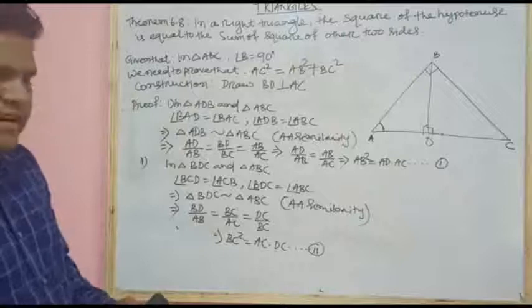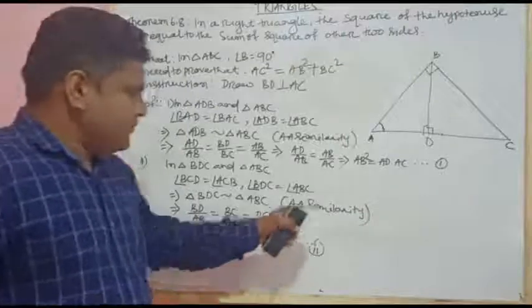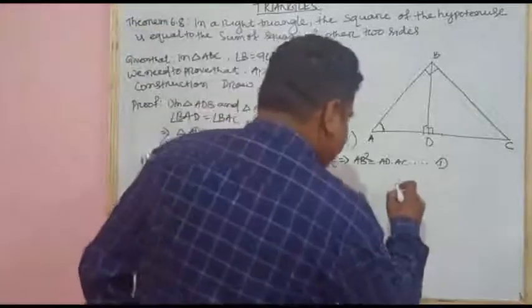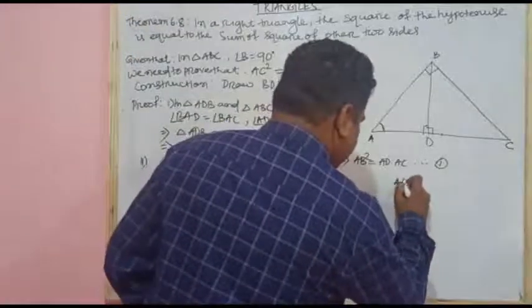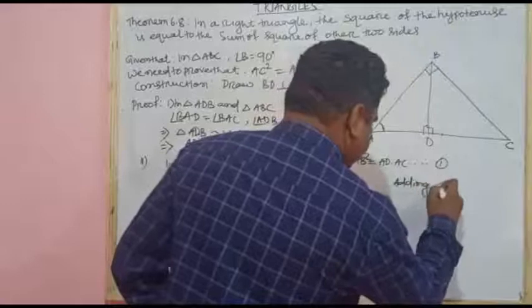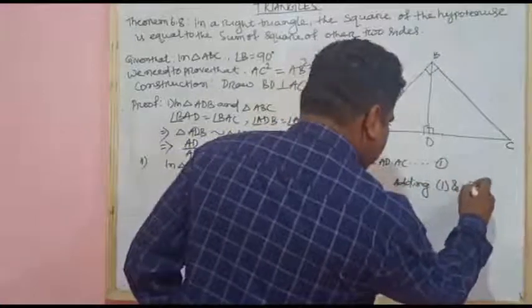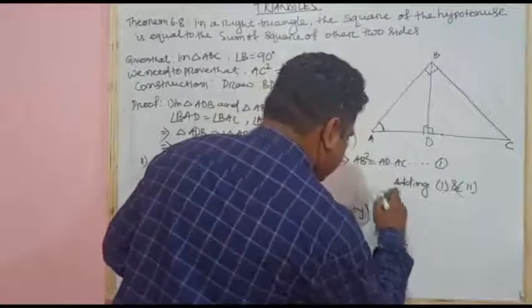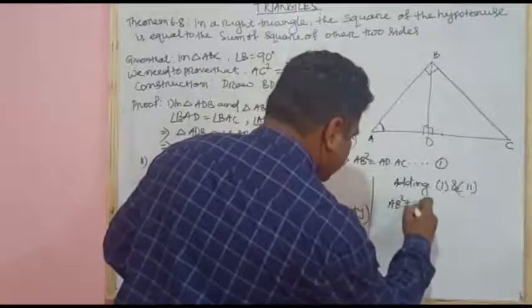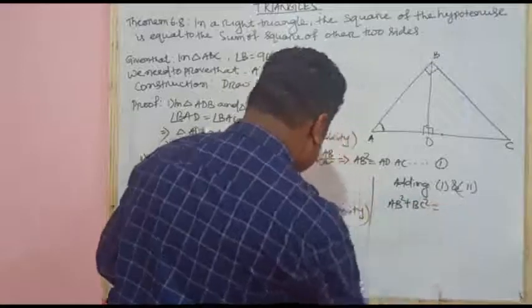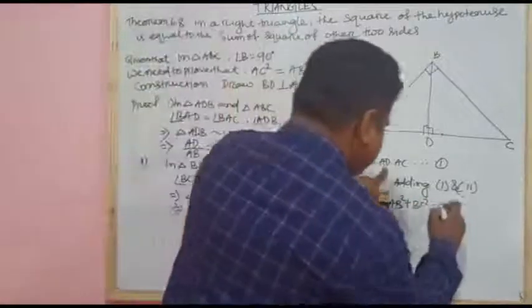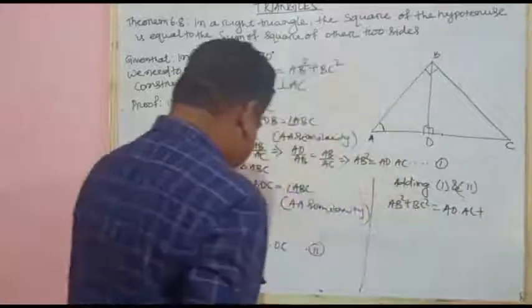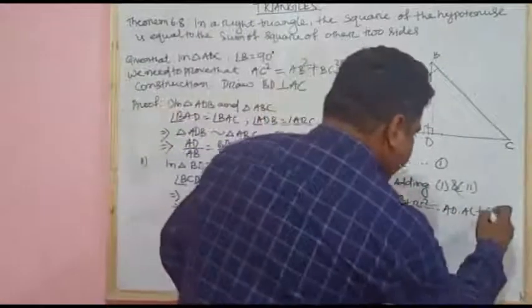Adding equation 1 and 2, that is LHS with LHS and RHS with RHS, we get AB square plus BC square is equal to AD into AC plus AC into DC.